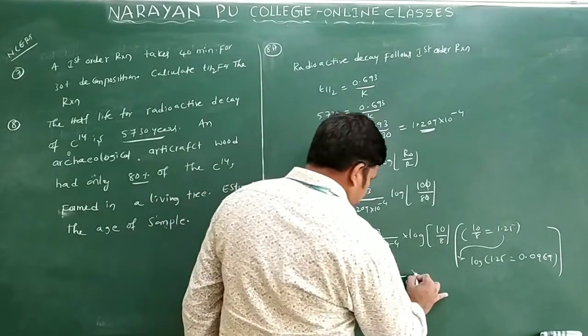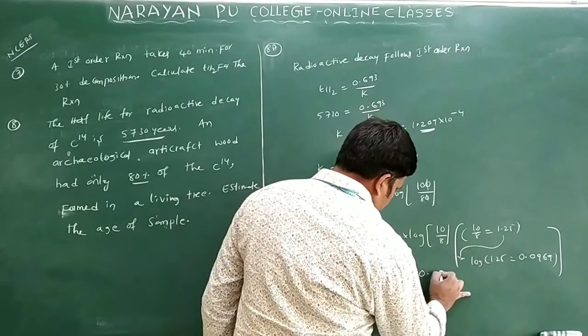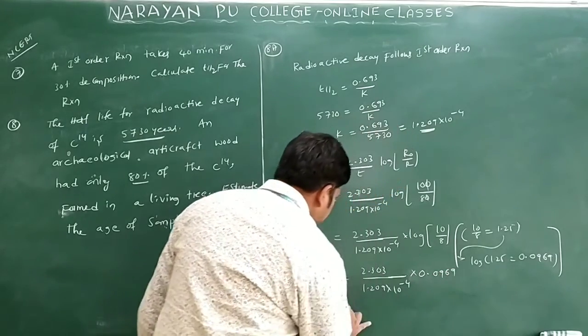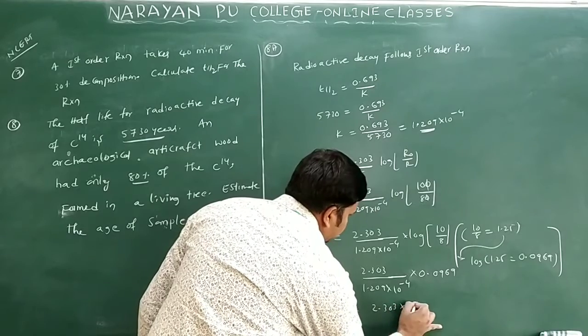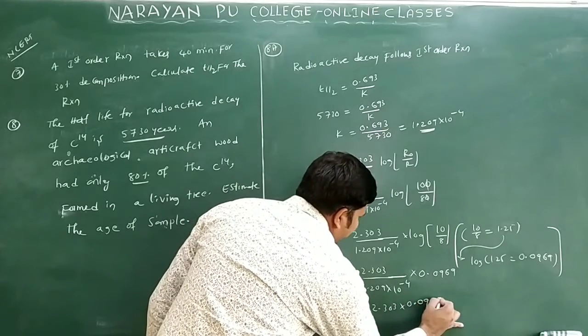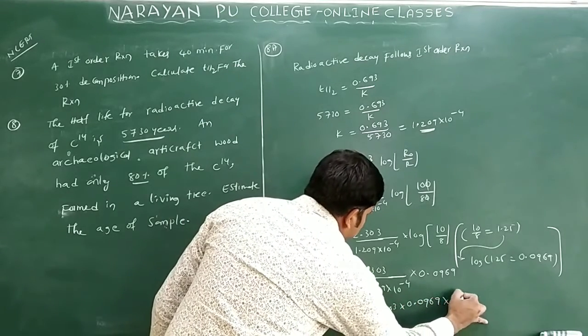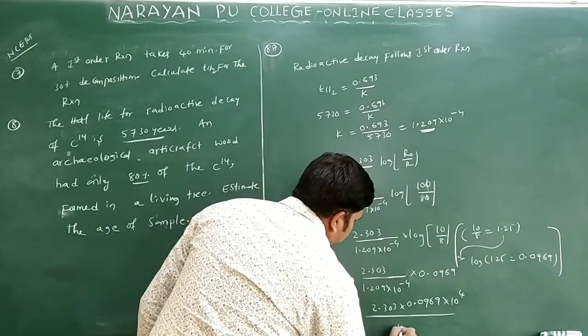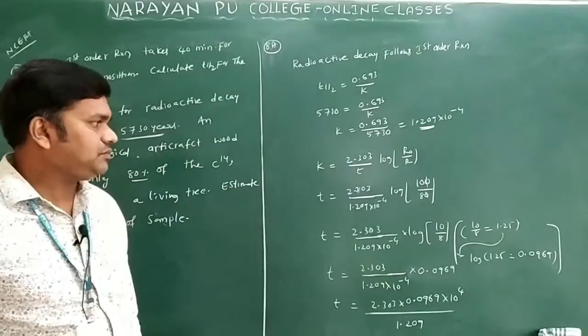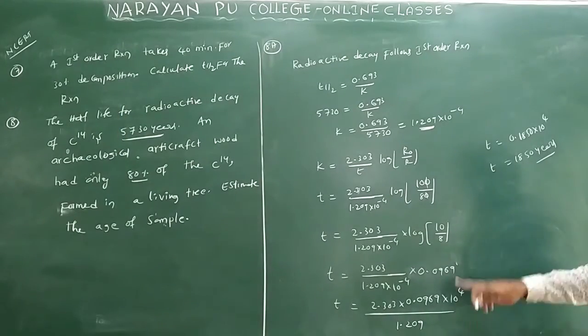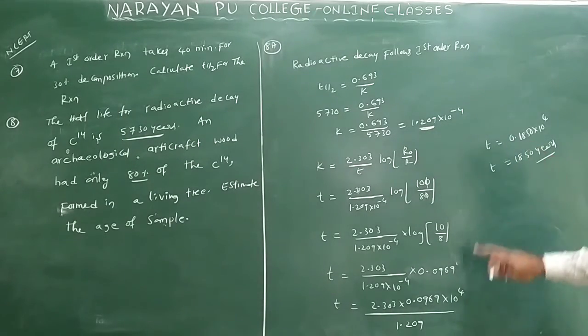I will multiply this with 2.303 into 0.0969, and divide by 1.209 into 10 power minus 4. So if you do the calculation, you will get 0.1950 into 10 power 4.